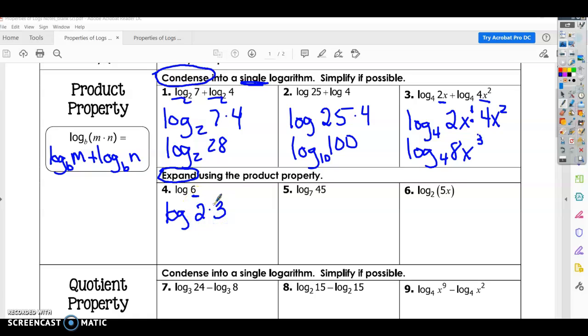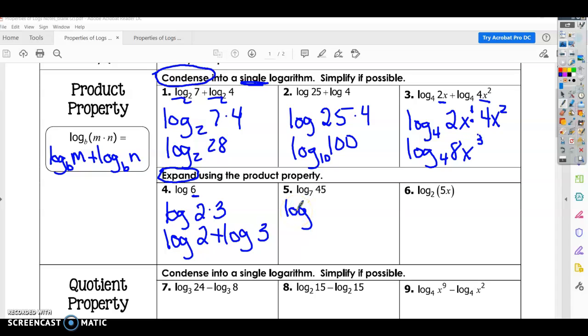So the log of 2 times 3, we can go from multiplication back to addition. So log base 10 again, if there's no base, so log base 10 of 2 plus log of 3. And you won't use expanding as much as condensing, just because we use condensing to solve, but this is just kind of letting you know how the properties work.